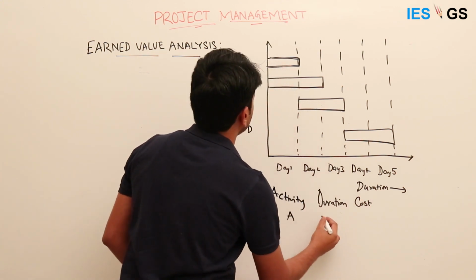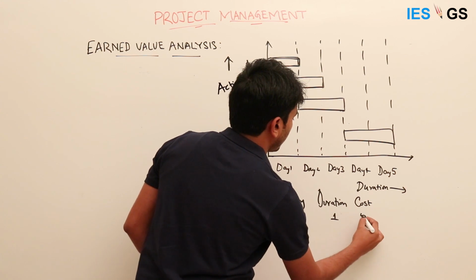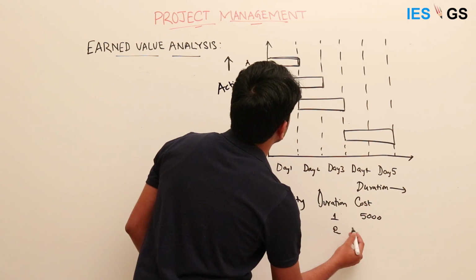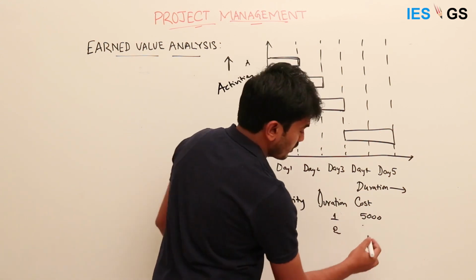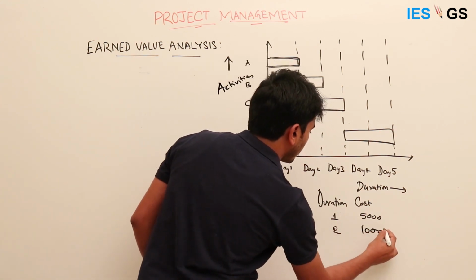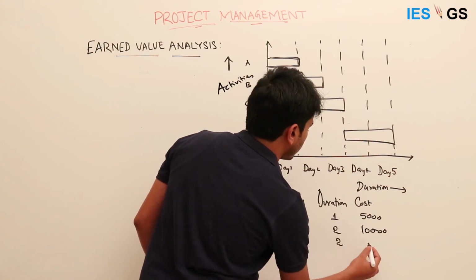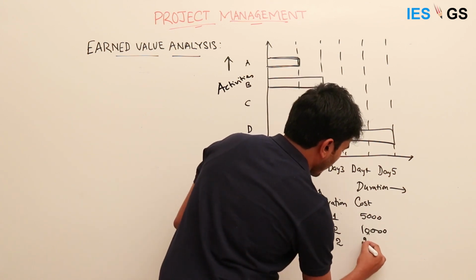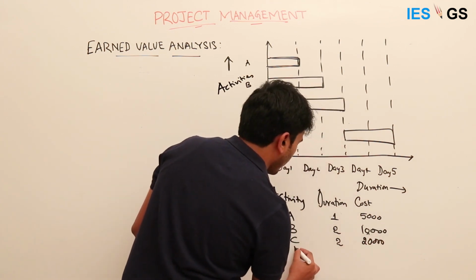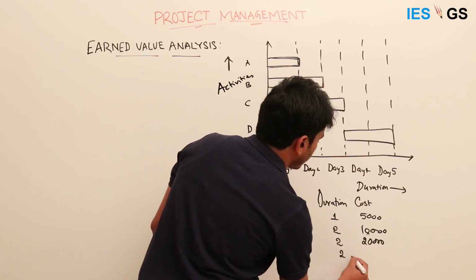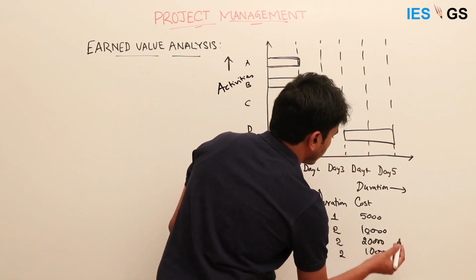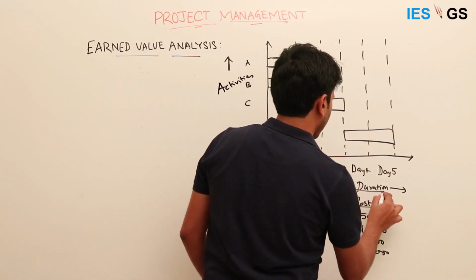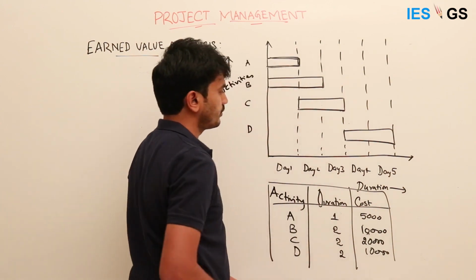Activity A, the duration is 1 day and it costs 5,000. Activity B, the duration is 2 days, it costs 10,000. Activity C again 2 days, it costs 20,000, and activity D is of 2 days, it costs 10,000. So this is the cost and duration for each of these activities.